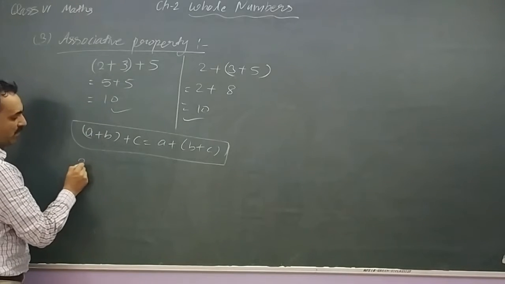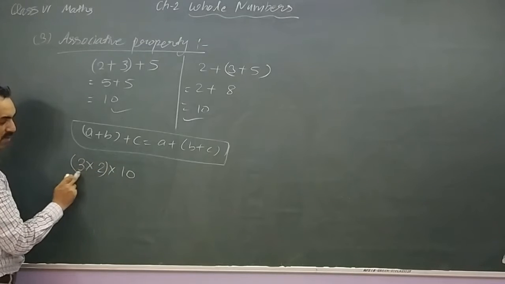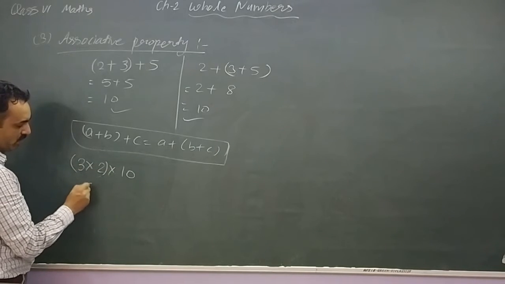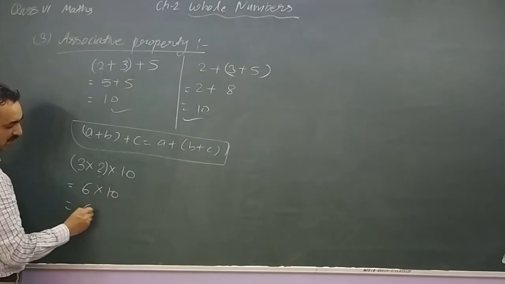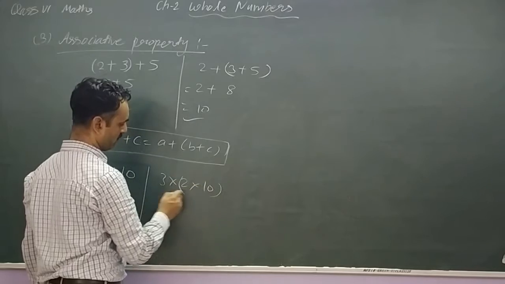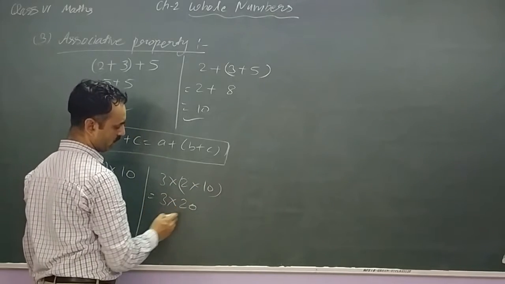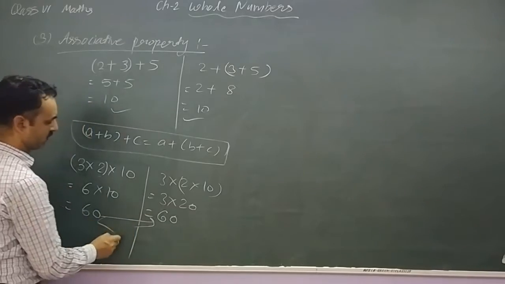Now we understand for multiplication. 3 into 2 into 10. Suppose you want to multiply the first two numbers first, 3 into 2 is 6, multiply by 10, we get 60. Now 3 into 2 into 10 again: 2 into 10 is 20, 3 into 20 is 60. So the answer is the same.